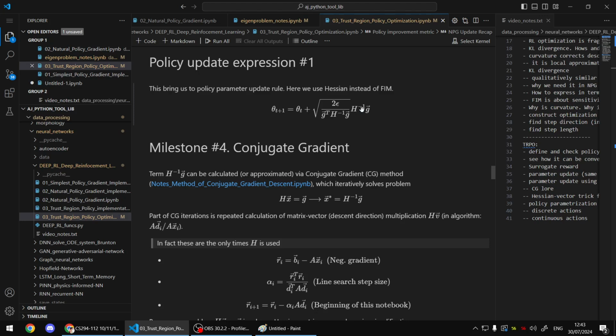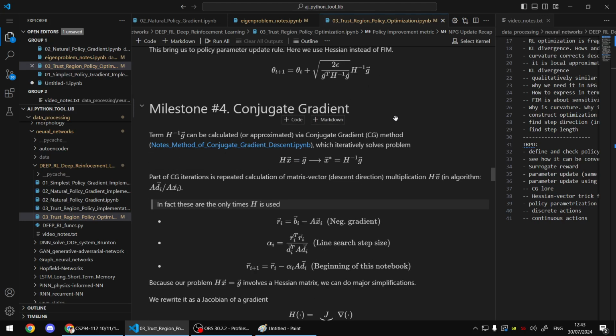That means that this is an n by n matrix, and the second problem is we have to invert it. So it's a double trouble, actually. And this is the point where the conjugate gradient method comes in.